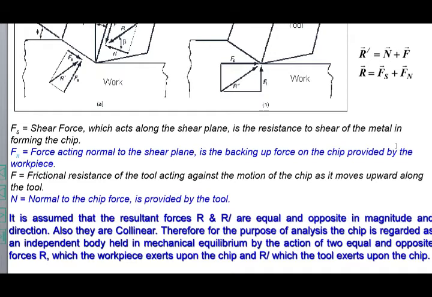It is balanced by the resultant force R, which is equal and opposite in magnitude and direction. Also they are collinear. Therefore, for the purpose of analysis, the chip is regarded as an independent body held in mechanical equilibrium by the action of two equal and opposite forces: the force the workpiece exerts upon the chip and the force the tool exerts.